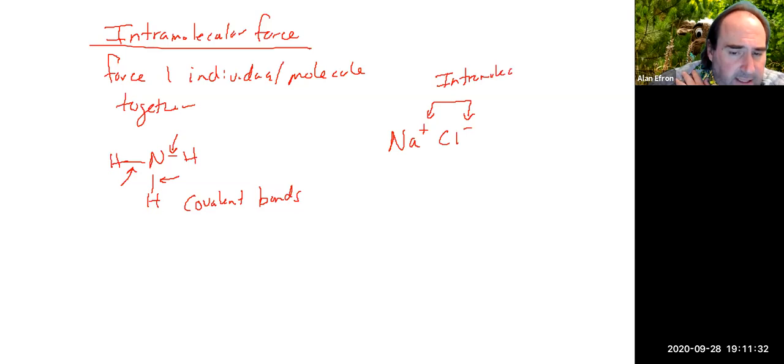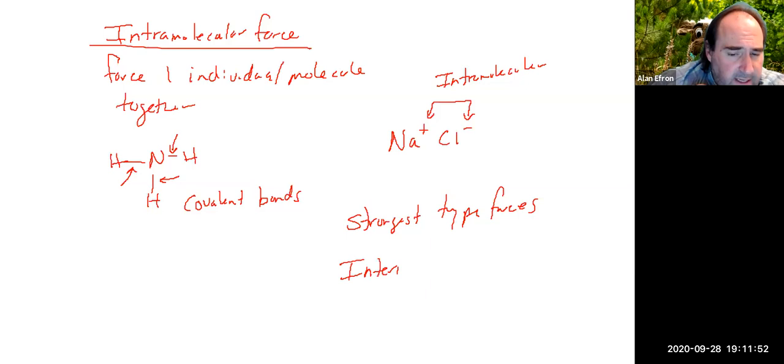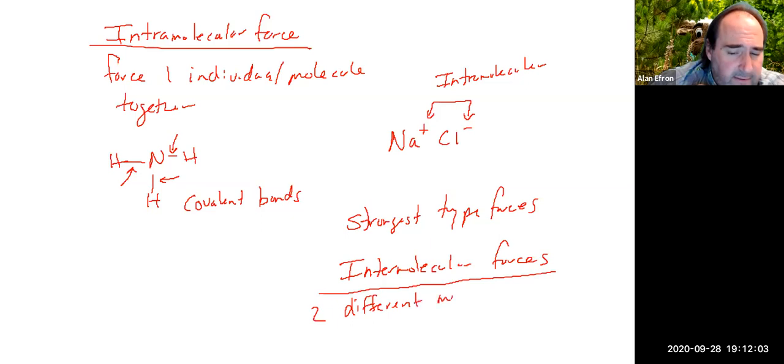And as I mentioned in that lecture and a little bit today, intramolecular forces are always stronger. So these are really the strongest type of forces, and they're definitely stronger than intermolecular forces. Intermolecular forces are the forces that hold two molecules together.